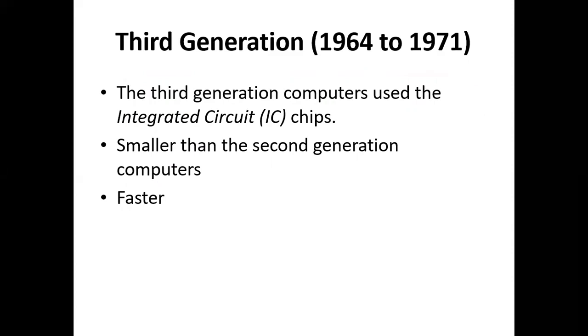In the third generation of computers, integrated circuit chips were introduced. Now, in making these chips, what happened was they got a number of transistors and squeezed and compressed them on smaller chips.